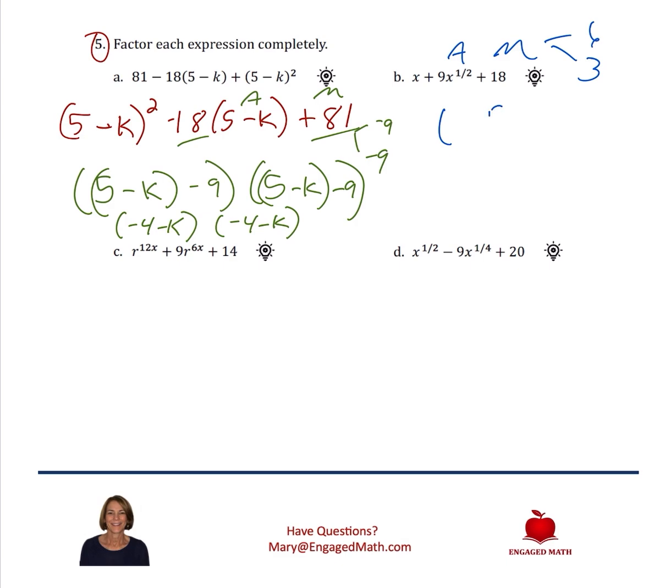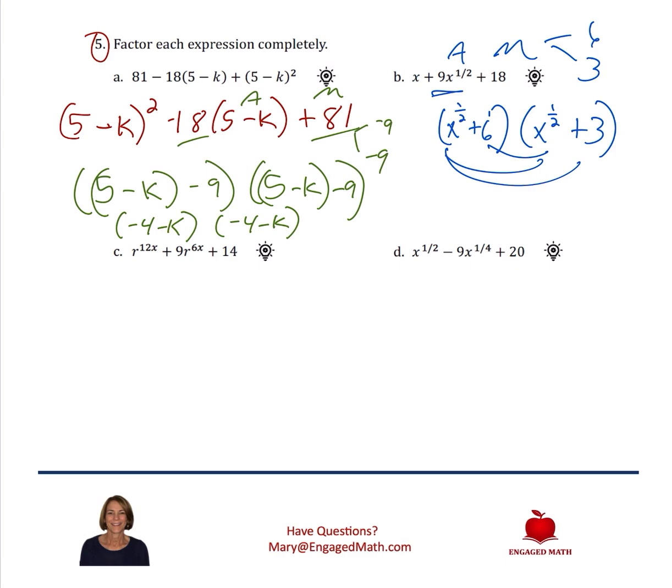In other words, we can factor it by simply saying x to the 1/2 plus 6 times x to the 1/2 plus 3. Based on our exponent rules, we know that if we were to multiply it out, we'd get x to the first plus 3 times x to the 1/2 plus 6 times x to the 1/2, which gives us 9 times x to the 1/2 plus 18. So that's our final answer.